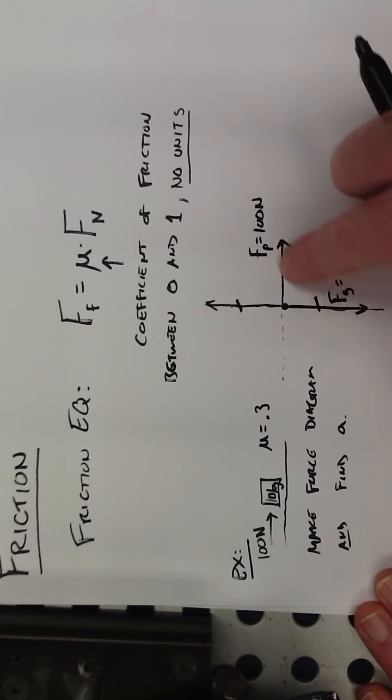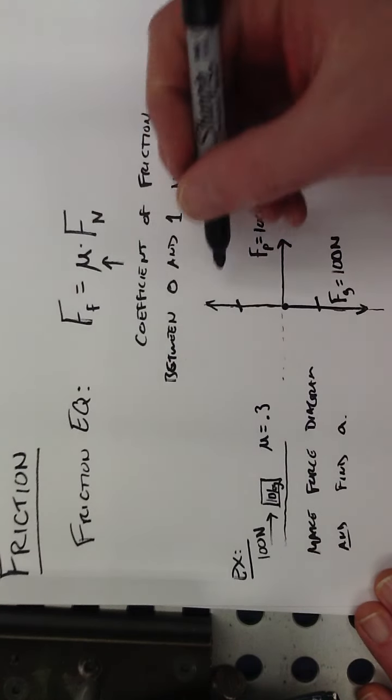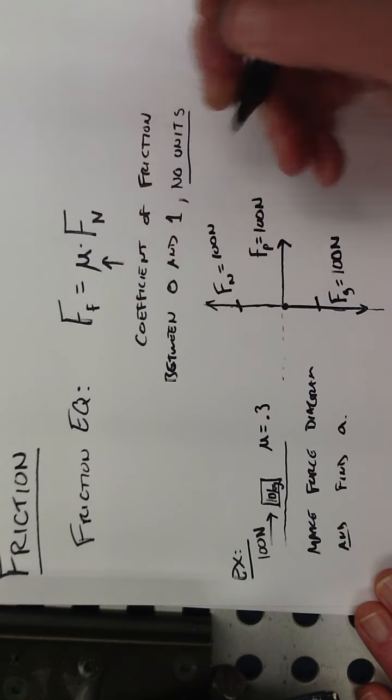I'm not going to put a little tick mark on this one. This is also 100, but it's not balancing. This is to the right and this is down, so those can't balance each other. Up-down can. So that's my support force. That's got to be 100 newtons.